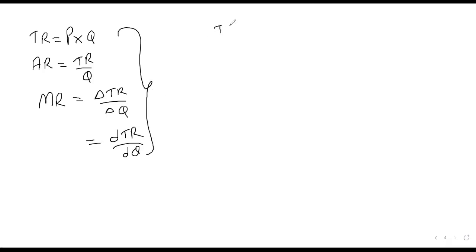Then the total cost, what have we said? Total cost is given by the total fixed cost plus the total variable cost. So when you differentiate the total cost over the quantity, we call that the marginal cost. And when you divide the total cost over quantity, how do we call this? The average total cost.